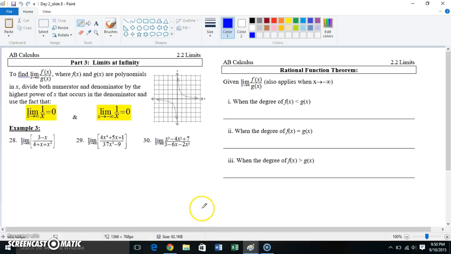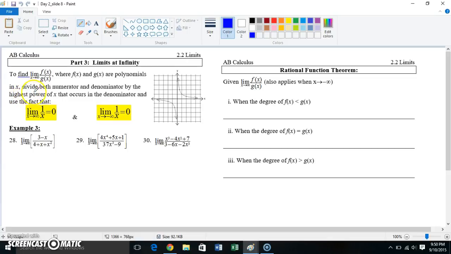Okay, so to find the limit of a rational expression, where we have f of x over g of x, as x approaches infinity, and f of x and g of x are designated as polynomials.